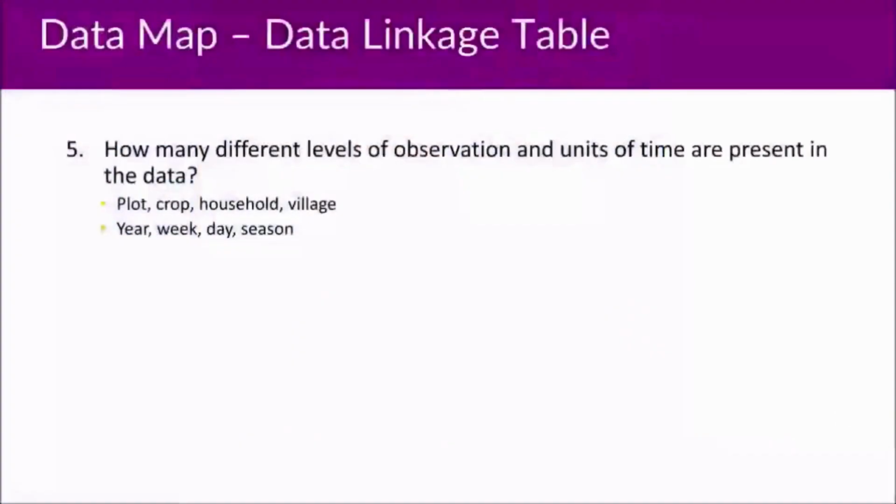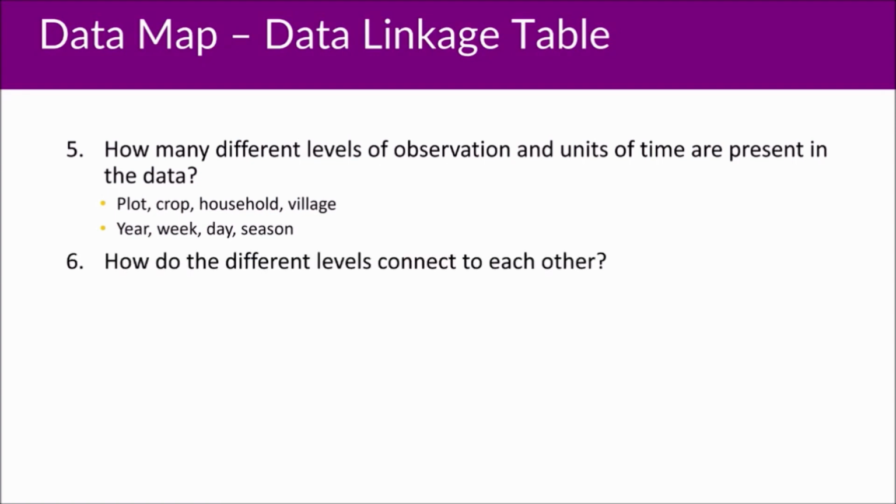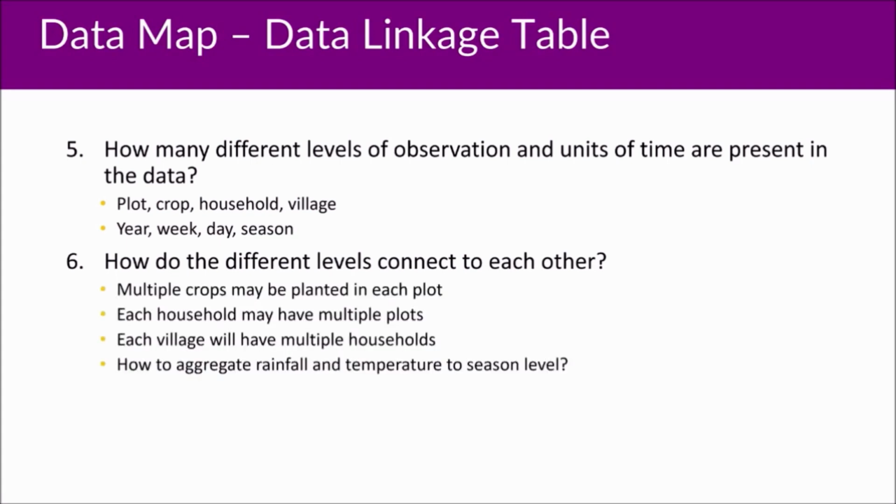So based on this, you'll be able to make a list of all the different levels of observation and time periods that appear in your data. And those are the things that you will list in your data linkage table. And then finally, you loop this back together into how you will actually connect one of these to the next.